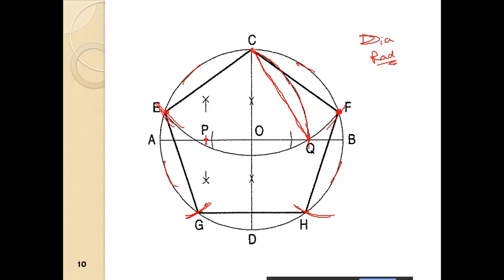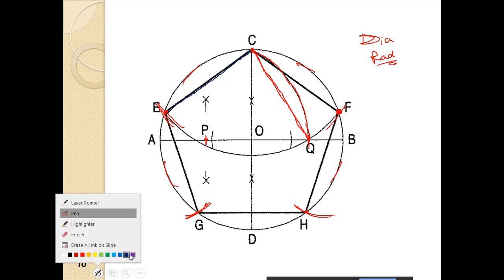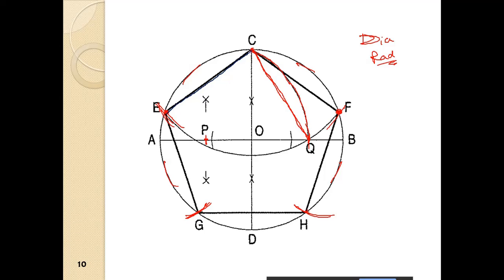So we have the points C, E, G, H and F, and we can now draw the pentagon. So this is the pentagon joining the points. Okay, so that is another method of drawing the pentagon.